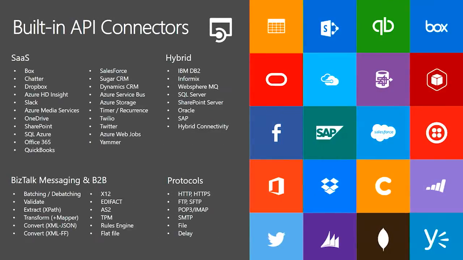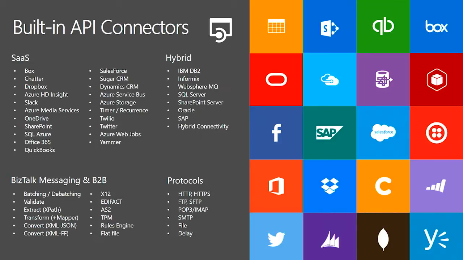Here's an introduction to the set of API connections that we have built into the system. They include SaaS services such as Box, Dropbox, Office 365, SQL Azure. We also can reach on-premises using our hybrid connectors for services like IBM DB2, Informix, SAP. We also support BizTalk messaging in B2B.